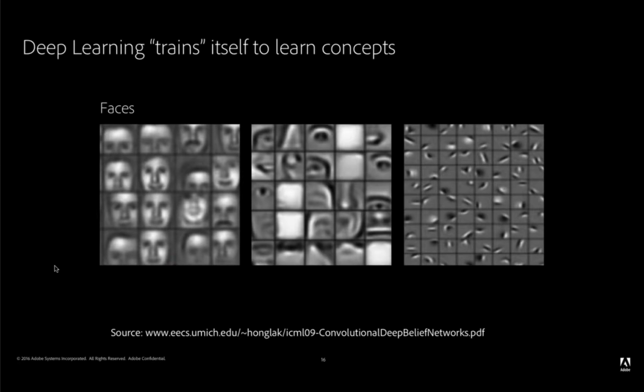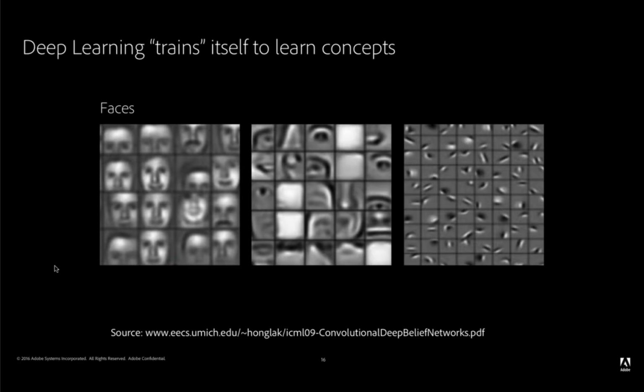Don't think too much about what that means, but they're different representations of what the algorithm is actually looking for. And this particular one has been trained to look for faces. I think it's fascinating that without telling it to look for a face, a mouth, or whatever, it actually finds that out on its own just by looking at examples.